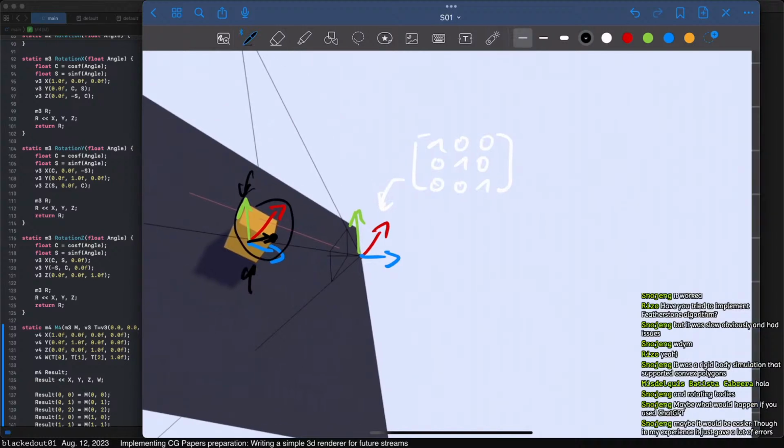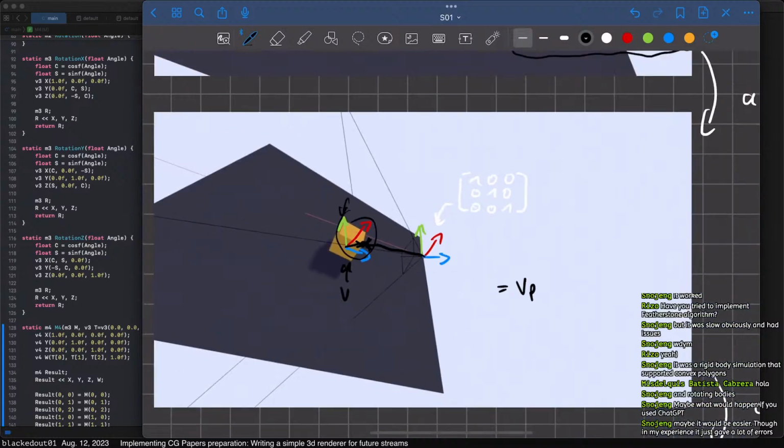Let's say this here was the matrix V. And if we multiply this point, P for example, with V, then we get the point in view space. So then we have the description that we actually want.